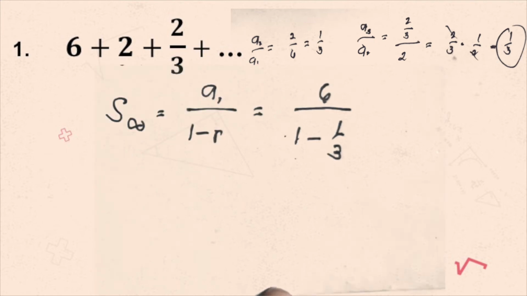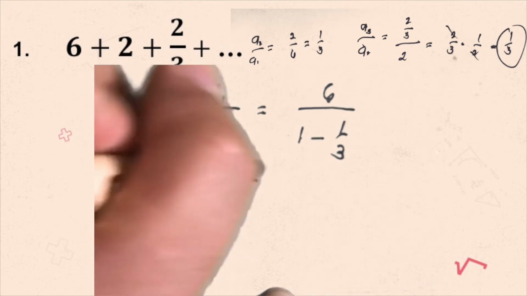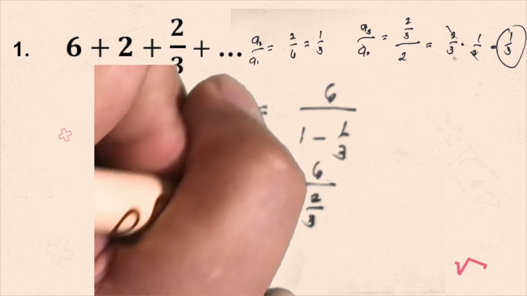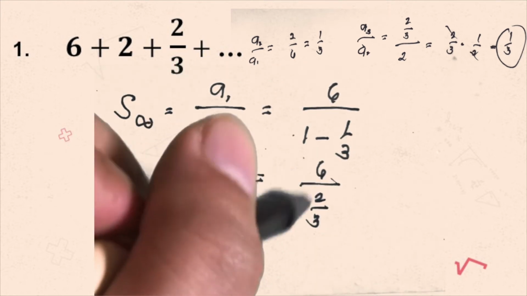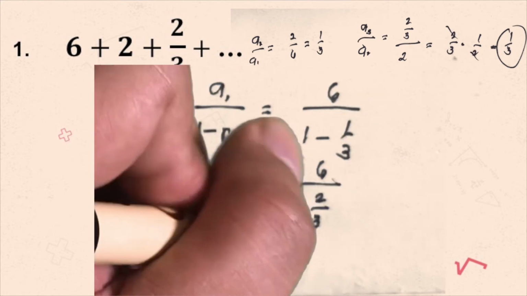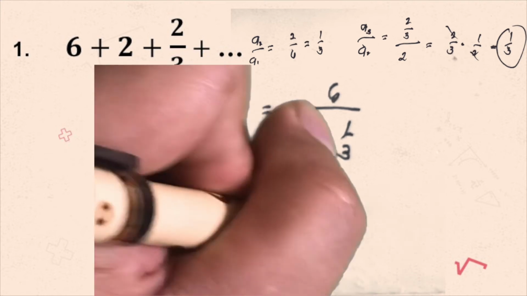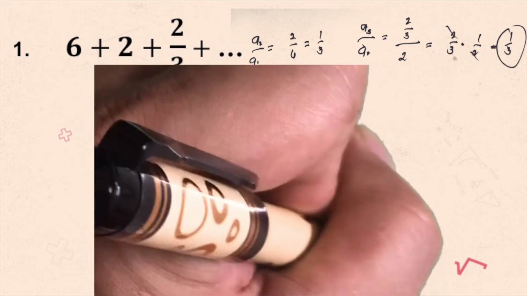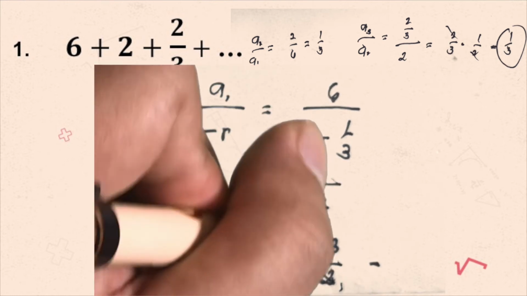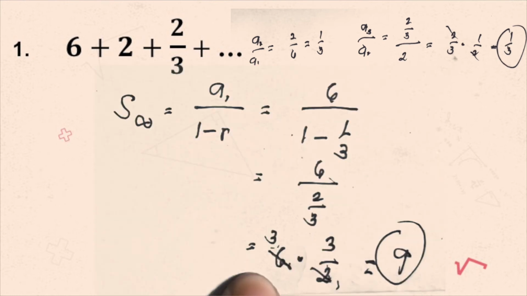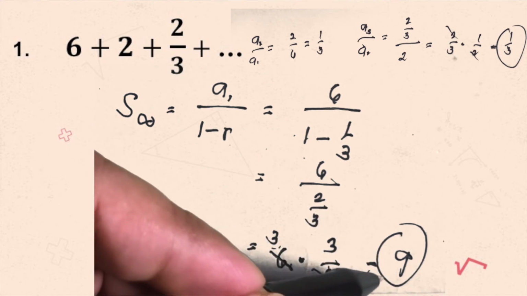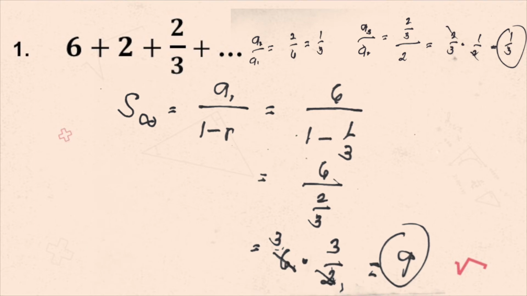So this will be 6 all over 2/3. So proceed to multiplication by getting the reciprocal of this. So this will be 6 times 3 halves. Cancel this, this will be 3. This will be 1. 3 times 3 is 9. So therefore, this is now the sum of the infinite geometric series.